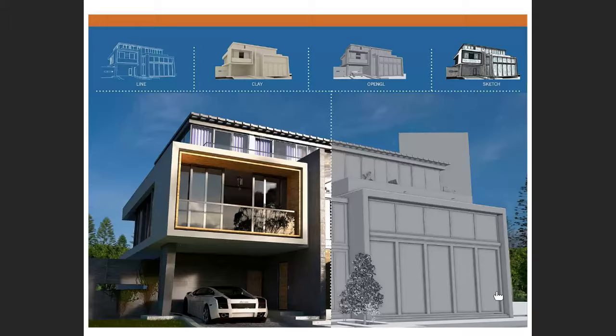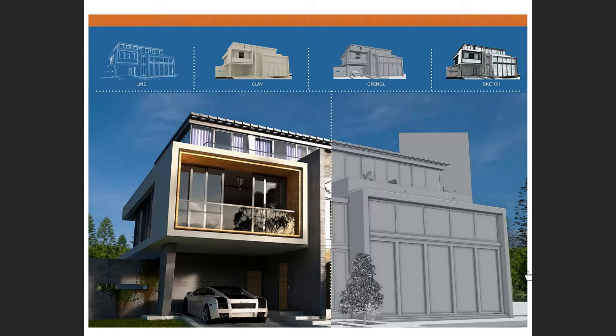Again, we just grabbed some images of what renderings might look like. Rendering used to be done by hand. Now a lot of these pieces of software can produce the rendering.